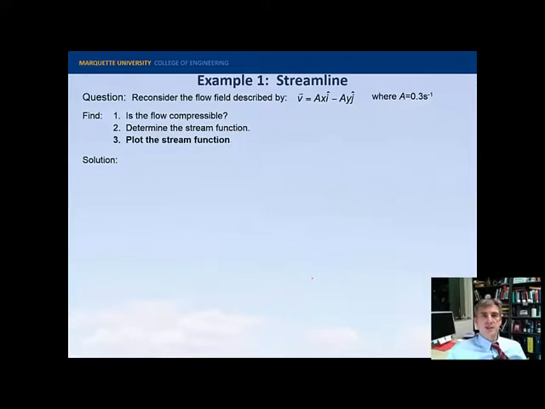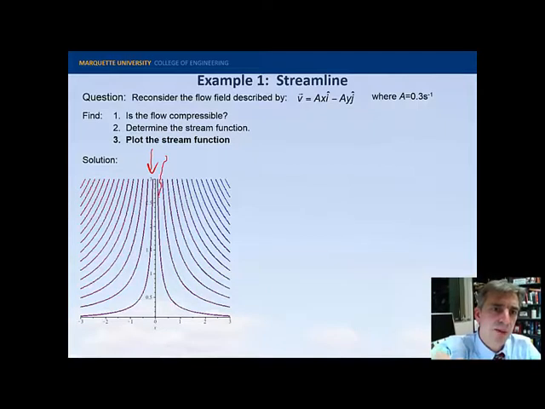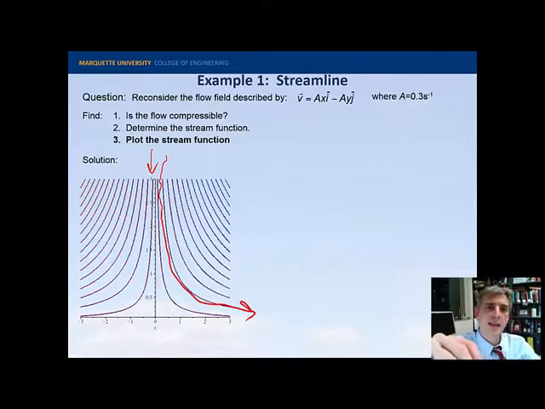All right, let's plot the stream function. I'm going to do this in MATLAB, and no, that's Maple. I'm going to do this in Maple, and this is what the function looks like. So what does this look like to you? Well, I think it would be maybe like flow coming in here, and if the flow is confined between streamlines, I'm imagining that it would go out like that, and then flow comes in here and shoots off in that direction.